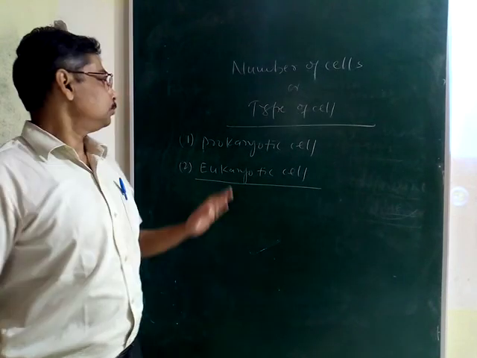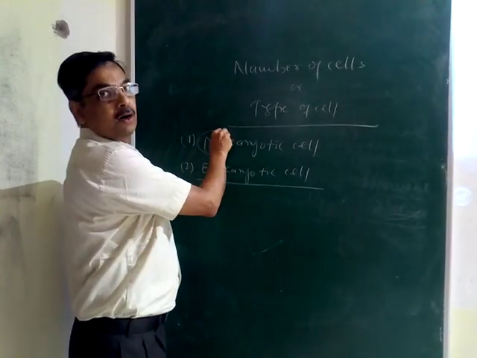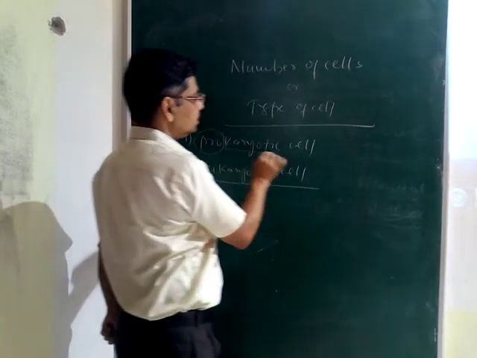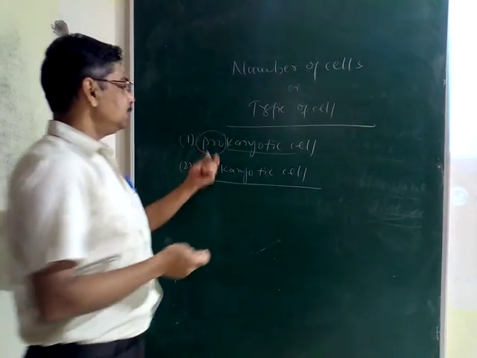Now first we will go through the prokaryotic cells. Pro means primitive or incipient, or false, and karyon means nucleus. So we can break it down on the basis of the literal meaning.